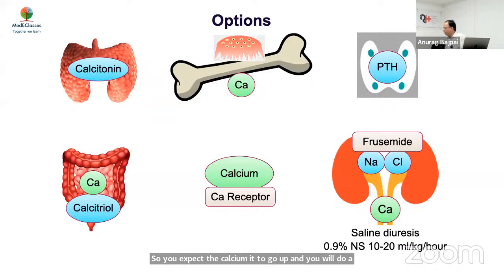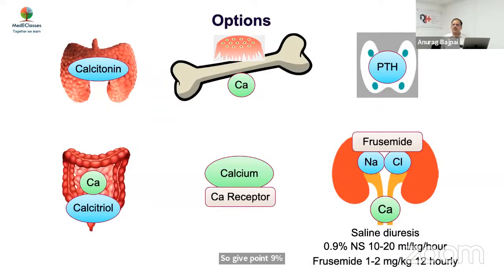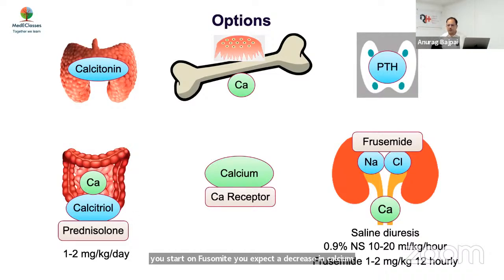So you give 0.9% normal saline, 10 to 20 ml per kg per hour, roughly double maintenance. And then after a few hours, you start on furosemide. You expect a decrease in calcium levels by 3 to 4 mg per dL. In refractory cases, you may give prednisolone, which will decrease the conversion of 25-hydroxy to 1,25-hydroxy. So definitely this is the treatment of choice of vitamin D excess.